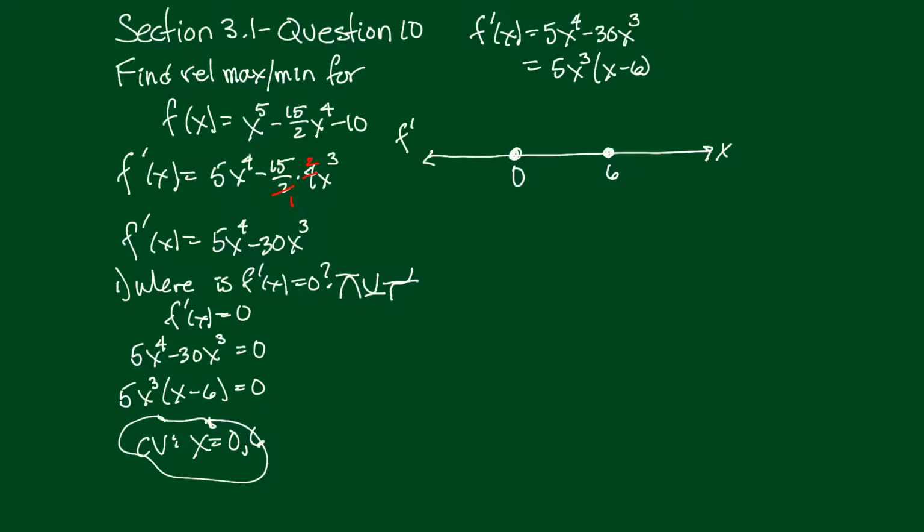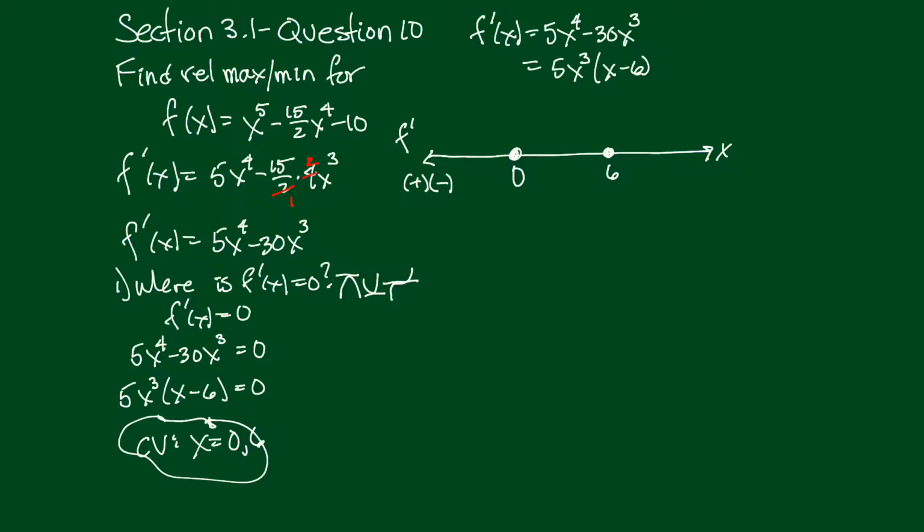So, to begin with, pick any number in this leftmost interval, like -1. And if you put -1 back into the derivative, right now the 5 is always going to be positive. Put -1 here and -1 here, and let's look at the signs. So the 5, that's going to be positive always. But at -1, put a -1 here, -1 cubed, that's negative.